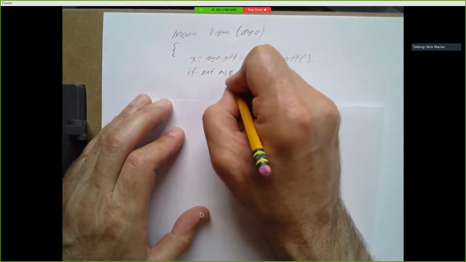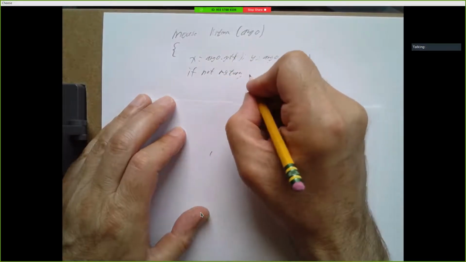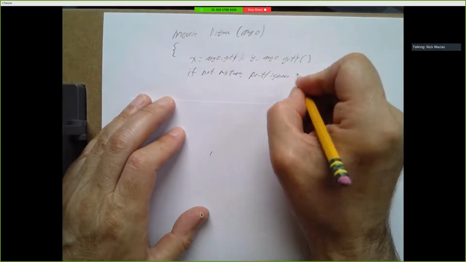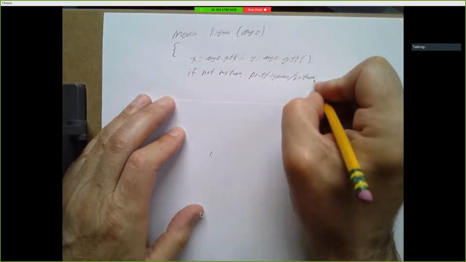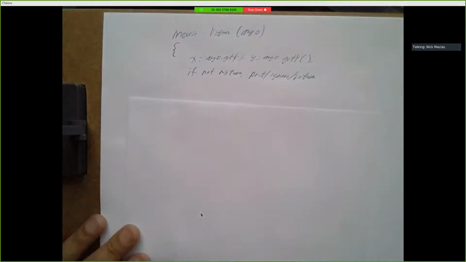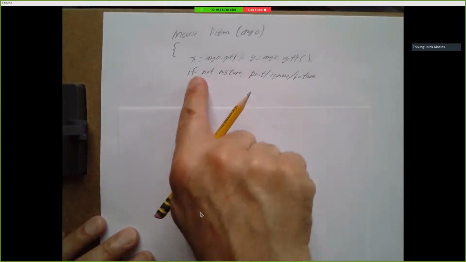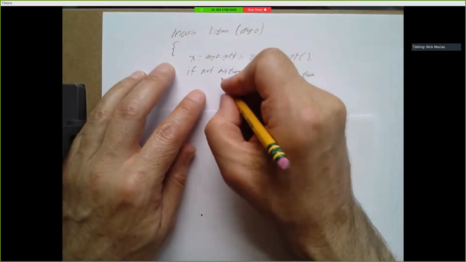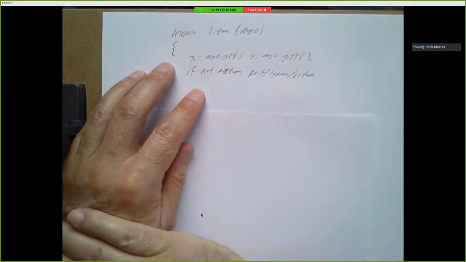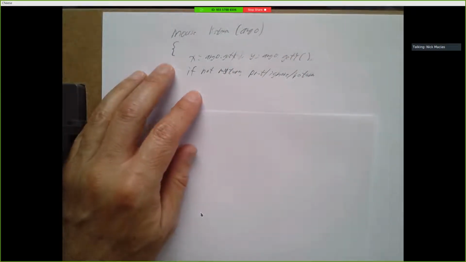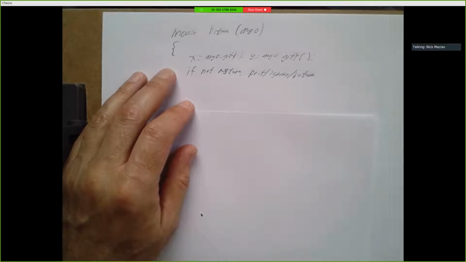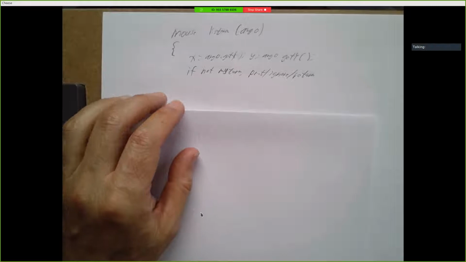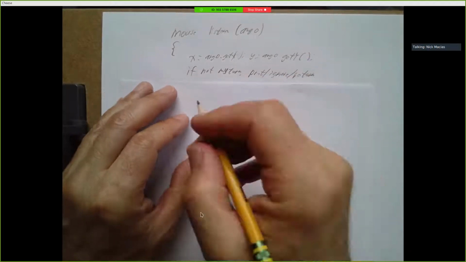If not my turn, do something, but don't do anything with the mouse click, right? So you might do this before you get the X and Y. You're in your mouse listener. Check to see if it's your turn. If it's not your turn, don't continue processing the mouse event. Okay, the person clicked while they weren't supposed to. So ignore them.